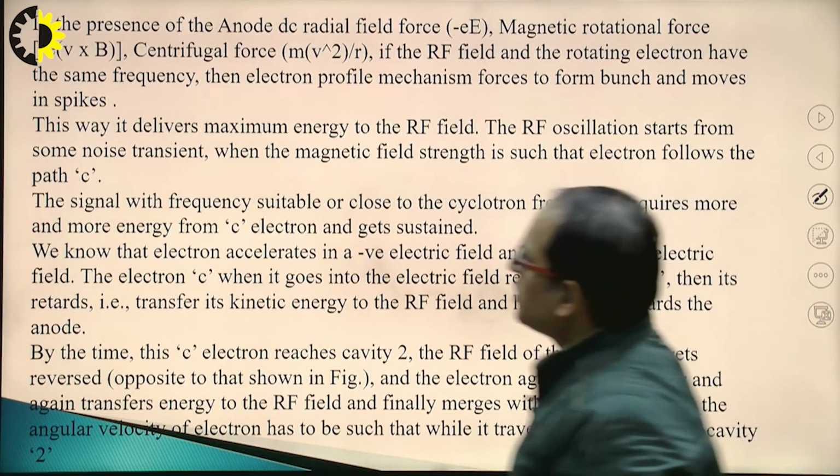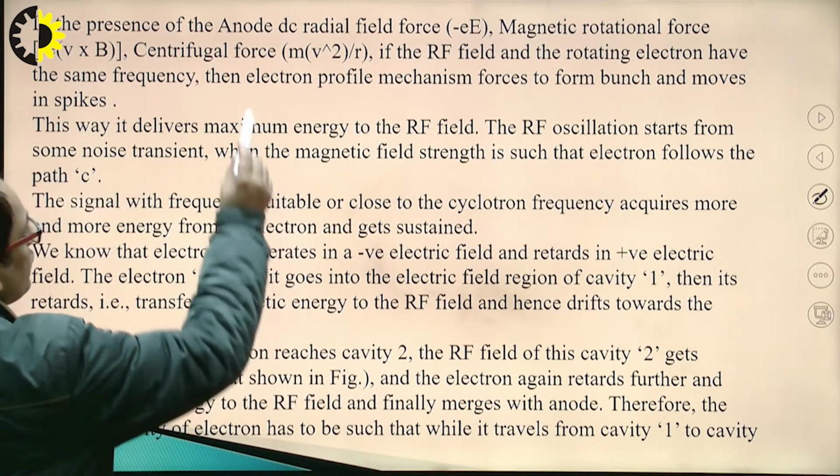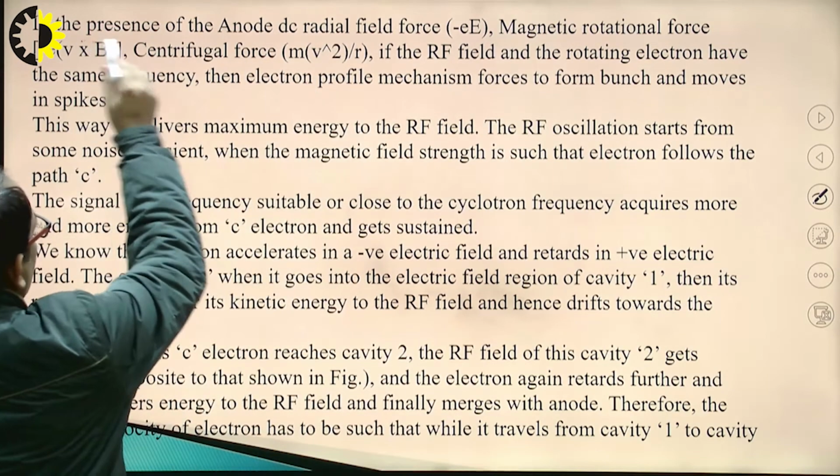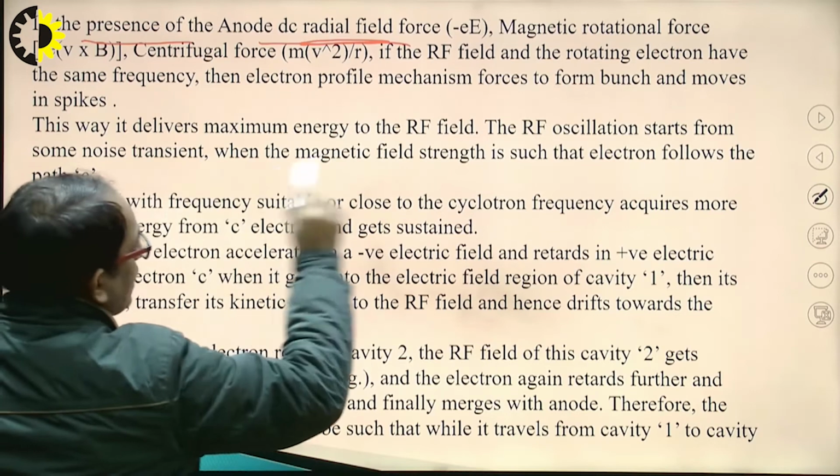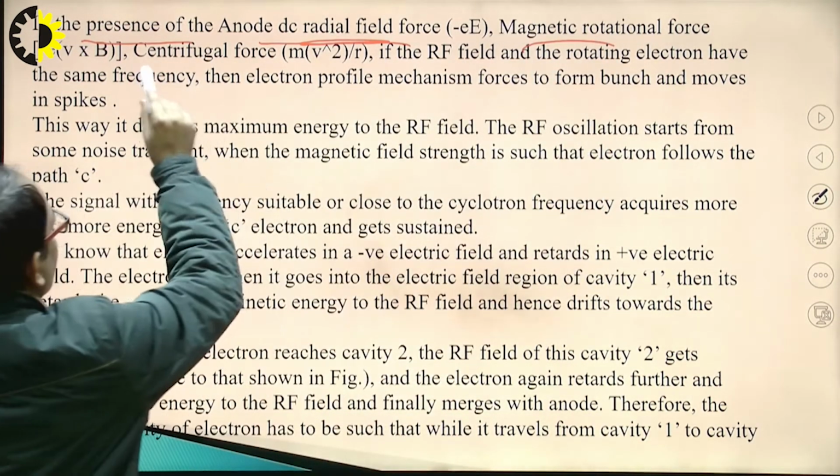Clear? So in the presence of the anode DC radial field, in the presence of a number of fields: first the DC radial field will be there, the magnetic rotational field will be there, the centrifugal force will be there.